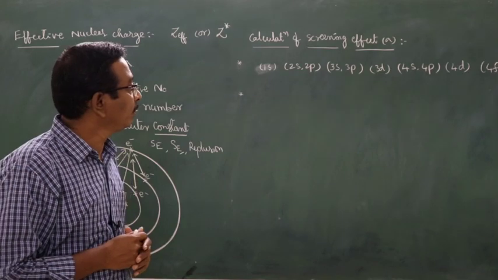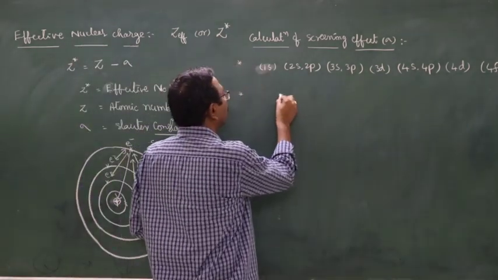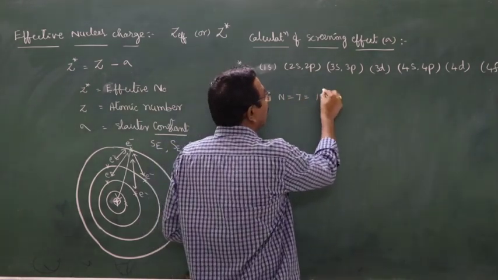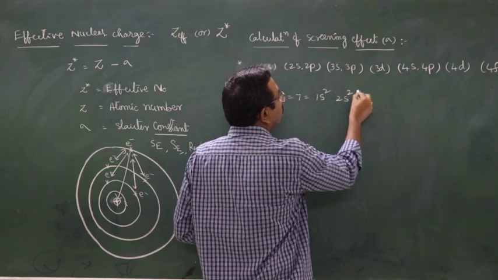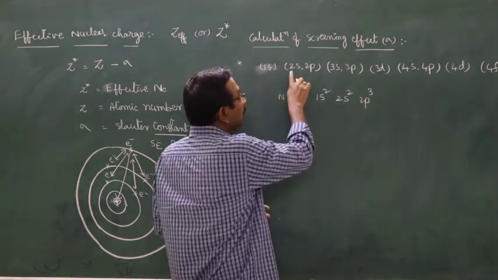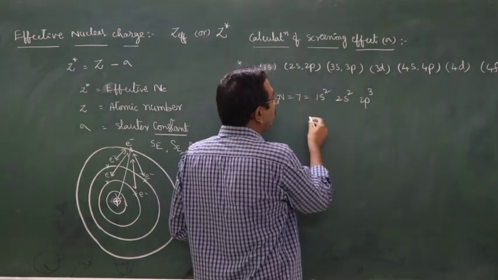Take for example, let us consider nitrogen. Nitrogen atomic number is equal to 7. Electronic configuration 1s2, 2s2, 2p3.